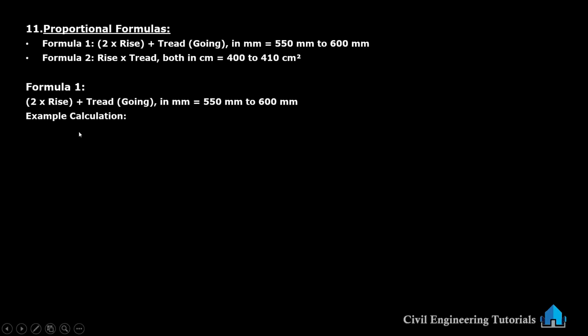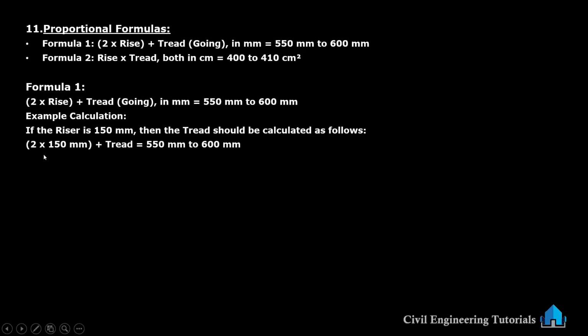Example calculation. If the riser is 150 millimeter, then the tread should be calculated as follows. So 2 into riser, 2 into 150 mm, plus tread is equal to 550 mm to 600 mm.